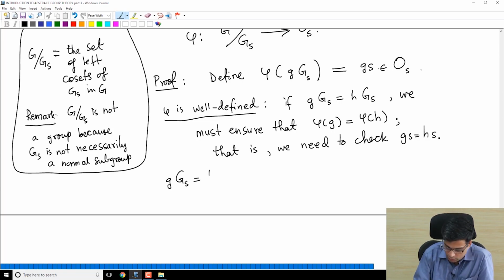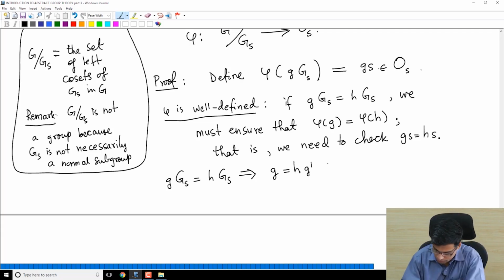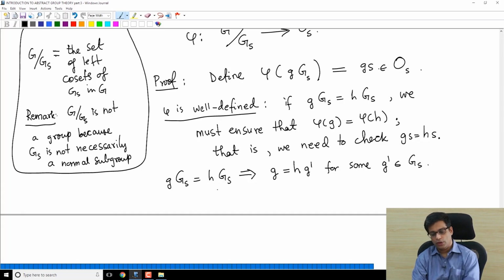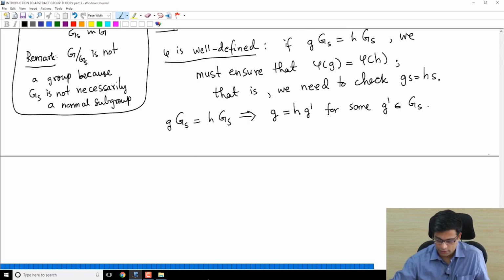So if g Gs is equal to h Gs, then what do we have? This implies that g equals h g prime for some g prime in Gs. Right, this is clear to you, right? If you have two left cosets equal, then I'm going to just quickly work this out.